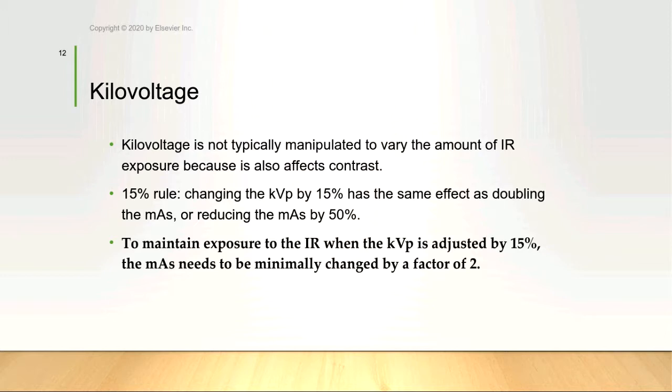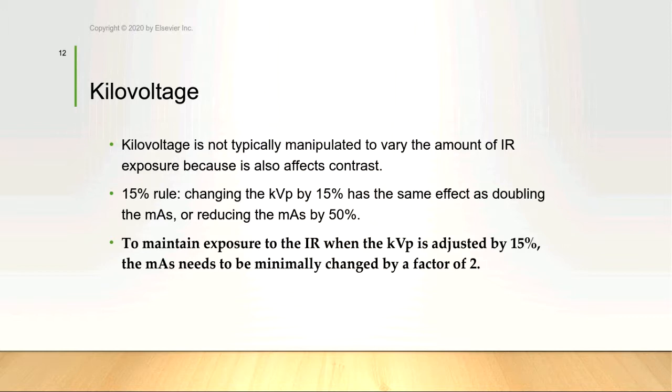So then, to maintain the exposure to the IR when the kVp gets adjusted, the mAs would have to be changed by a factor of 2. Meaning, if you raised your kVp 15% in order to maintain the exposure, your mAs value would be cut in half.